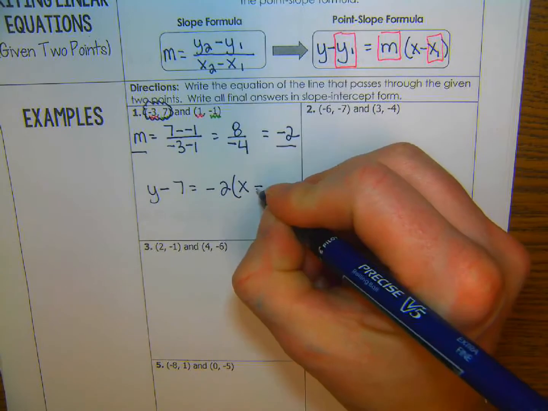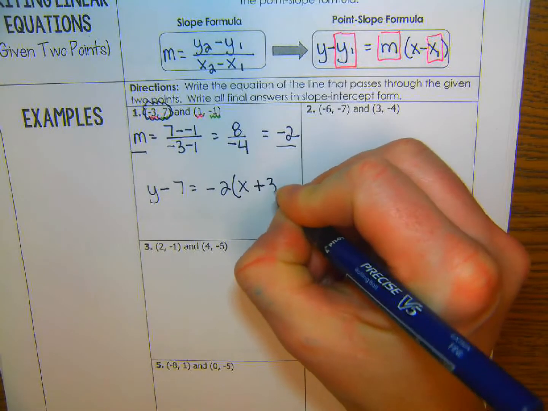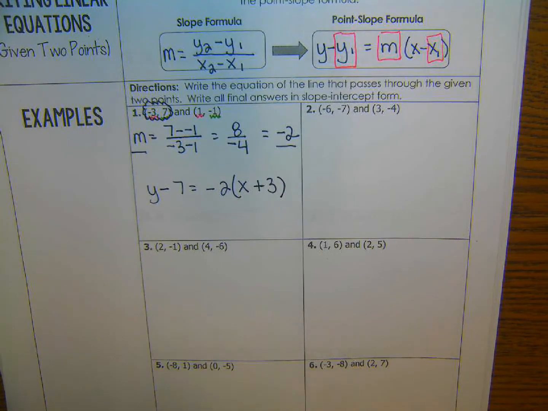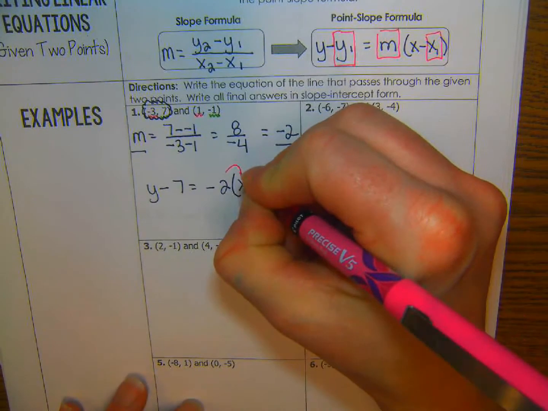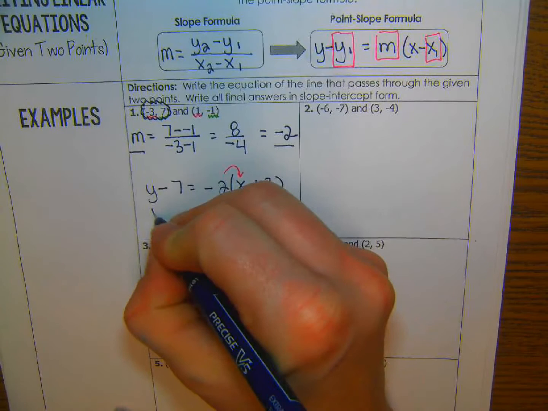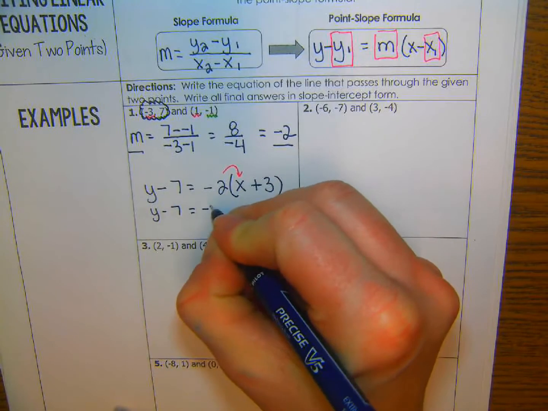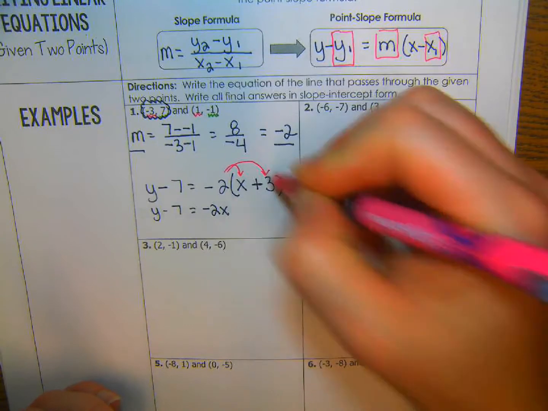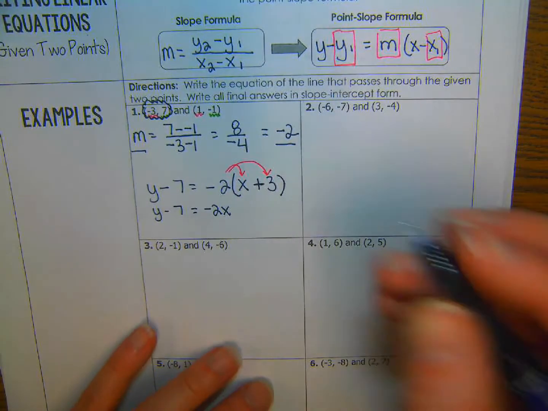Negative 3. So we're going to write x plus 3. Okay. What do I do now? I distribute. So I have negative 2 times x. What's negative 2 times 3? Negative 6.